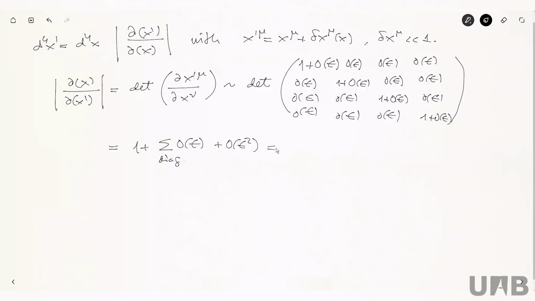So that means that the determinant to order epsilon is actually very simple. It is 1 plus the sum of the epsilon terms in the diagonal, but that is the same as the derivative of delta x mu with respect to x mu. So x0 with x0, x1 with x1, x2 with x2, and x3 with x3, plus order epsilon squared.